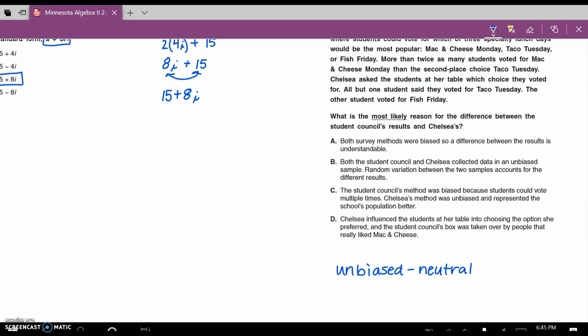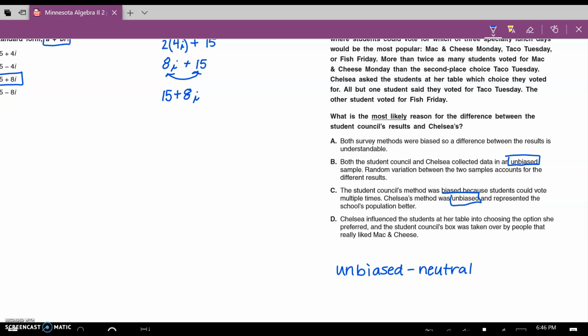So whenever we look at answer choice B, it says the student council and Chelsea collected data in an unbiased sample. Random variation between the 2 samples accounts for different results. So because this one is unbiased, we'll talk about that in just a second. And then C says kind of the same thing. It says the student council's method was biased because the students could vote multiple times. And then Chelsea's method was unbiased and represented the school's population better.